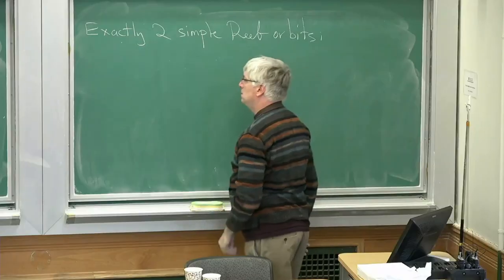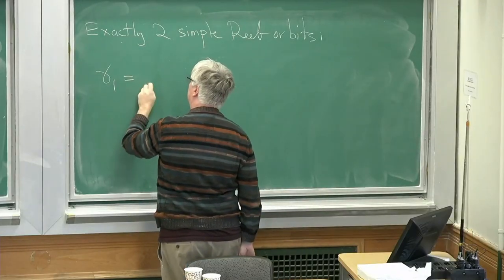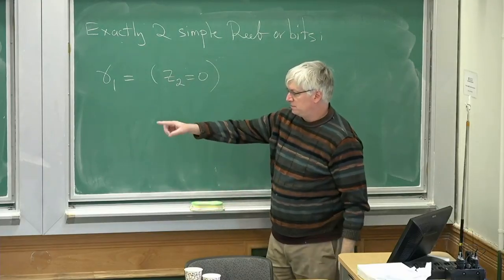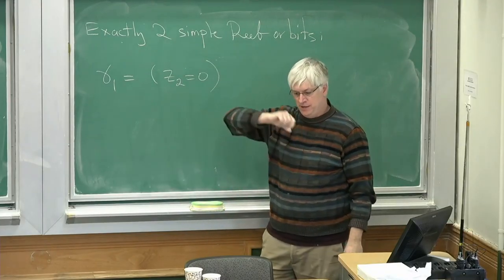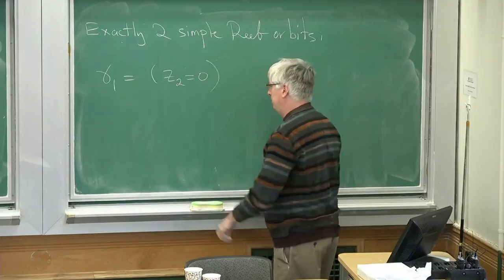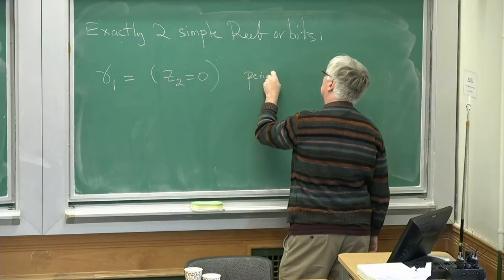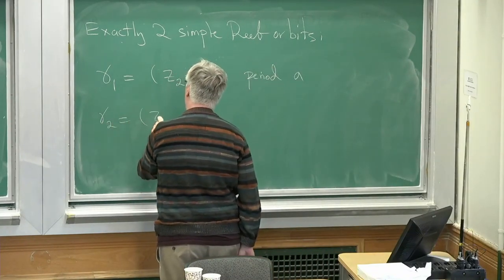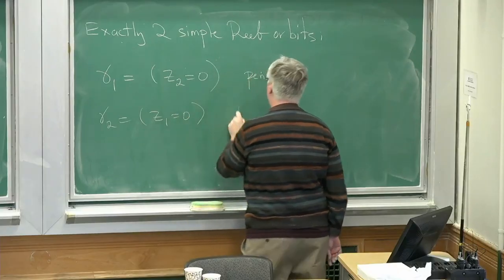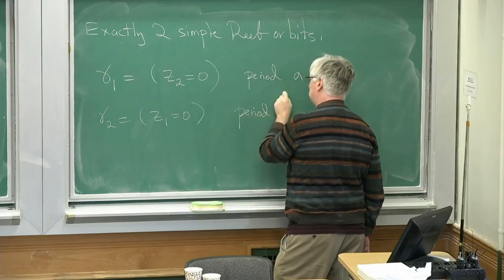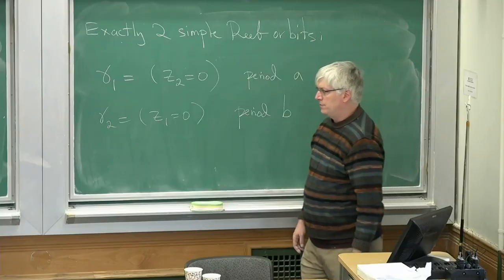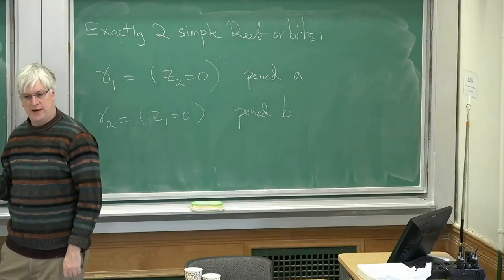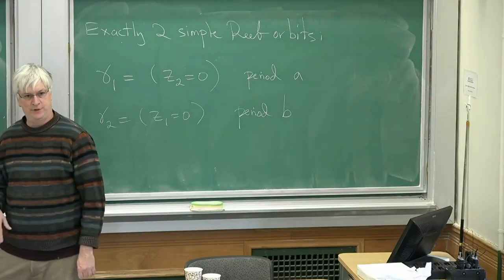So gamma 1 is where z2 is equal to 0. So you just have z1 with absolute value, whatever it has to be, and then it rotates around with period A. And then gamma 2, which is where z1 is equal to 0, and this has period B. And then on the rest of the ellipsoid, if you start at any other point where both z1 and z2 are not equal to 0, there's no way you can get back to where you are.